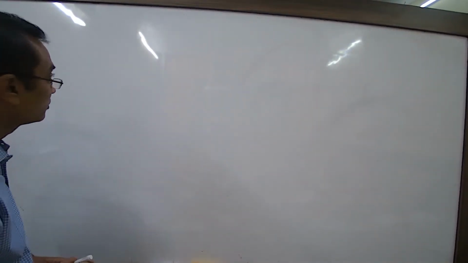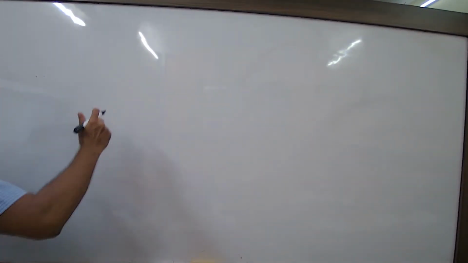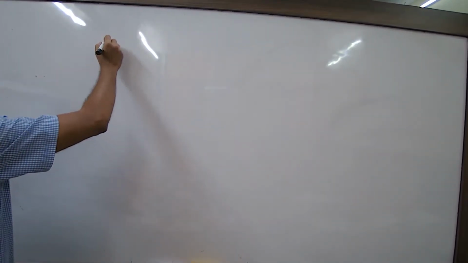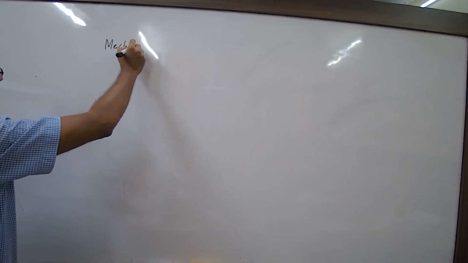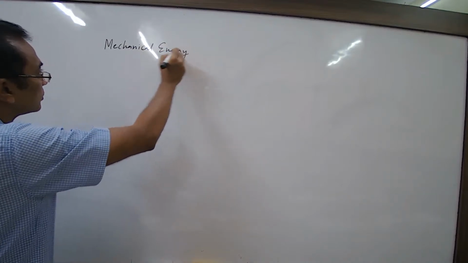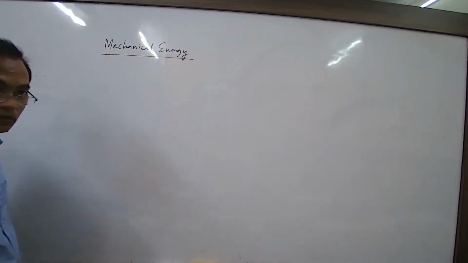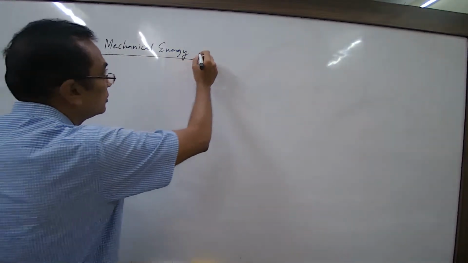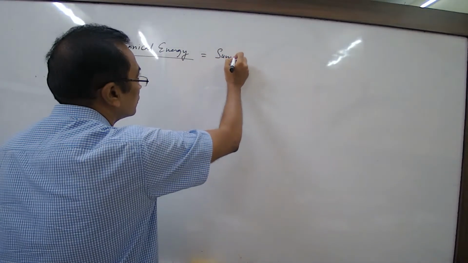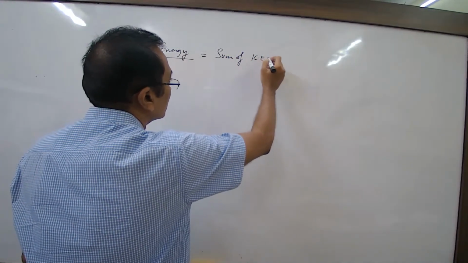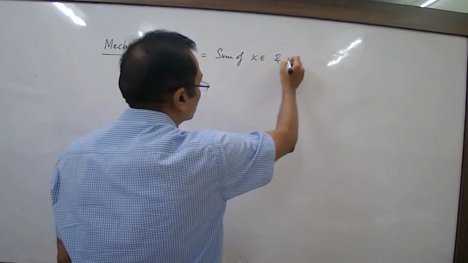So I'm starting with the second part of the chapter, which is basically about mechanical energy. So what is mechanical energy? Mechanical energy consists of the sum of kinetic energy and potential energy.